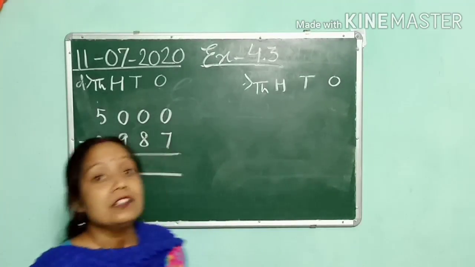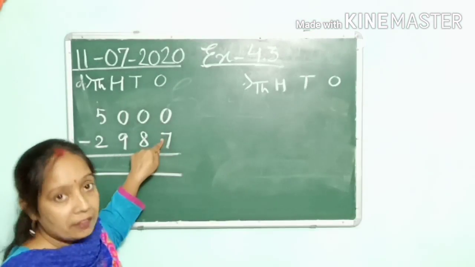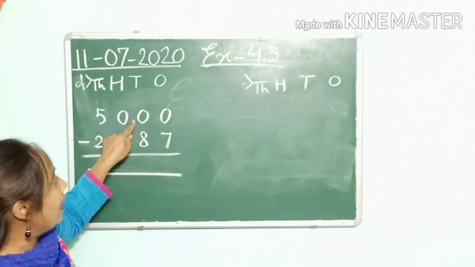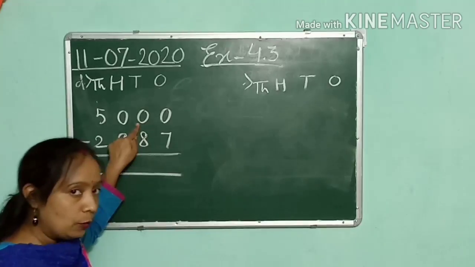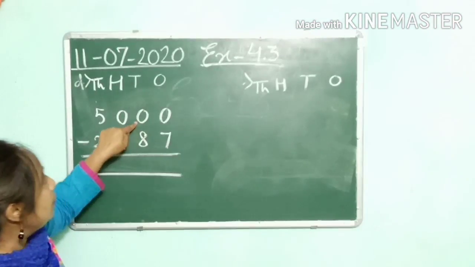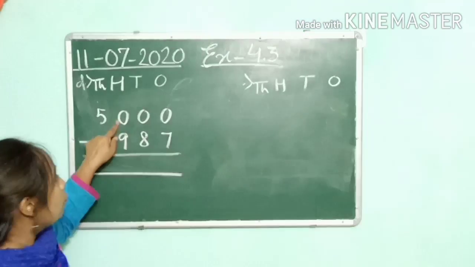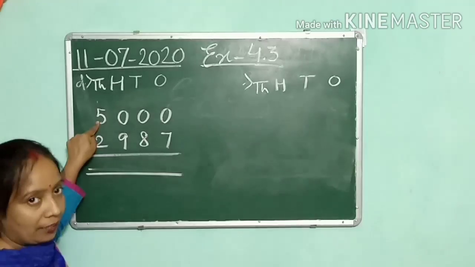Clear? At the ones place, the digit is 0 and you have to subtract 7. Is it possible? No. So this ones digit will borrow from the digit at the tens place. But the tens place digit is already 0. So again the tens place digit will borrow from the hundreds place. It is again 0. So this hundreds place digit will borrow from thousands place digit, that is 5.